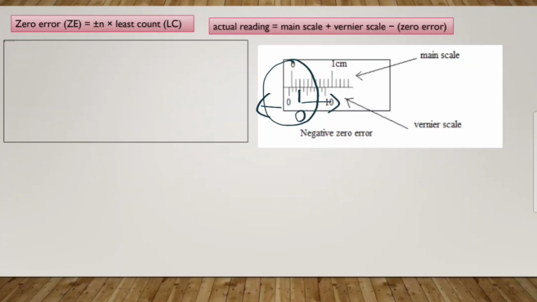I'll try to explain that with a very simple example. Let us consider this is our object and we are measuring the length of the object using a simple centimeter scale, which is like this. But unfortunately we do not have a provision to move the scale backward or forward.